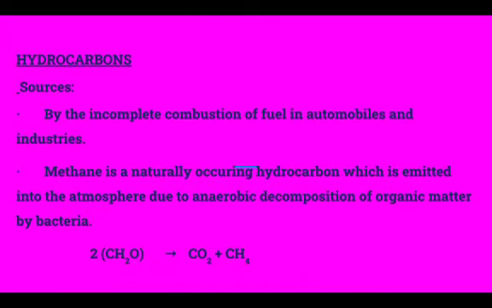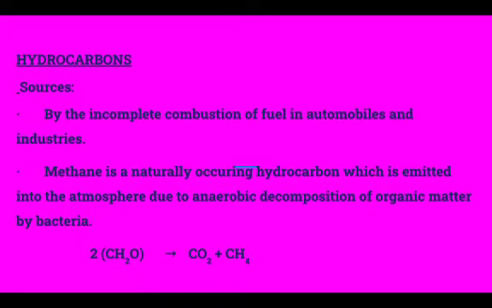Now, next is hydrocarbons. Hydrocarbons means compounds made up of carbon and hydrogen. The major sources are incomplete combustion of fuel in automobiles and industries. Then methane is also called a greenhouse gas. It is a naturally occurring hydrocarbon which is emitted into the atmosphere due to anaerobic decomposition of organic matter by bacteria.